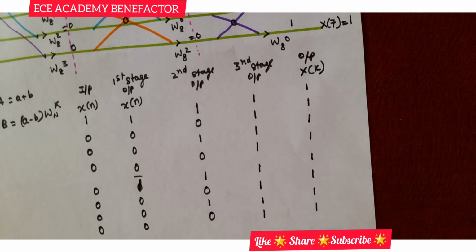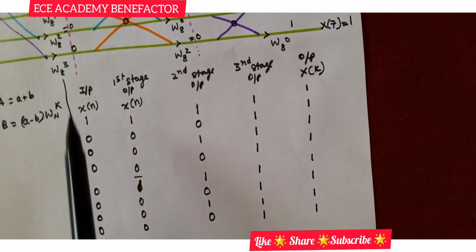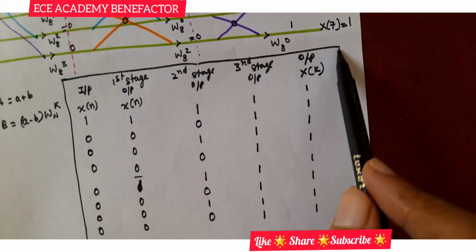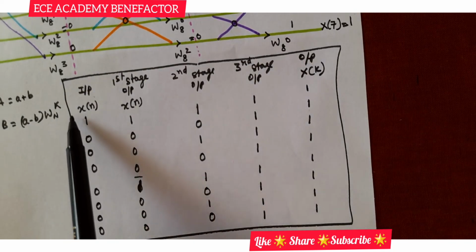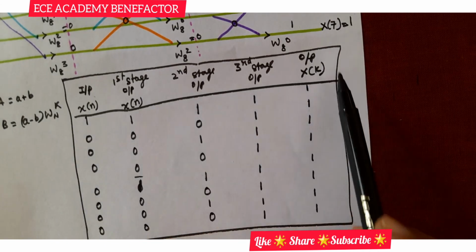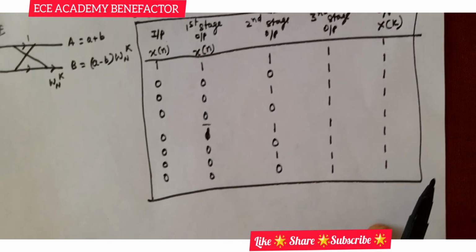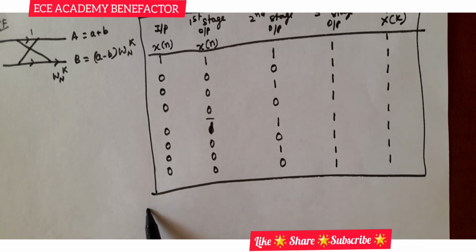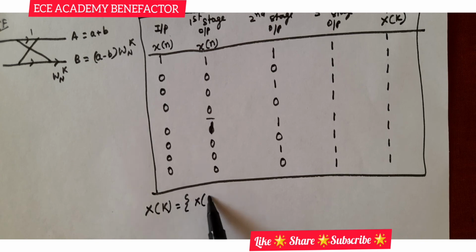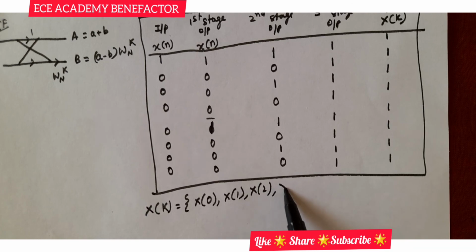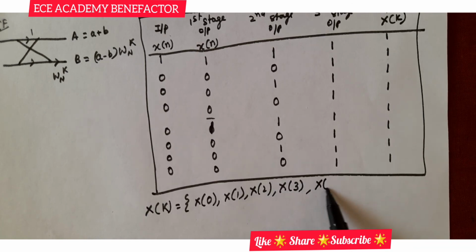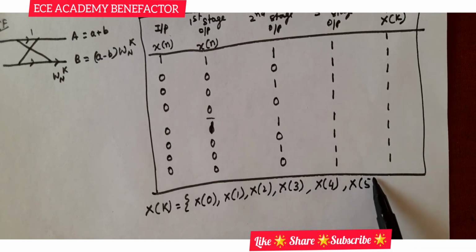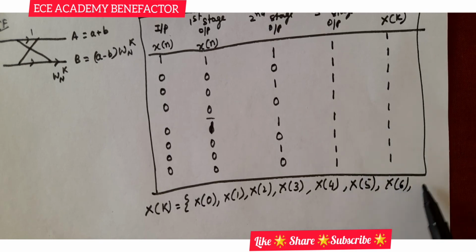Here you have to remember, in DIF the output is in the bit reversal. So you have to write it in the proper form, in the natural order when you are writing the result. Here all are 1, so it's x of k value is equal to capital X of 0, capital X of 1, x of 2, x of 3, x of 4, x of 5, x of 6, x of 7, like this.